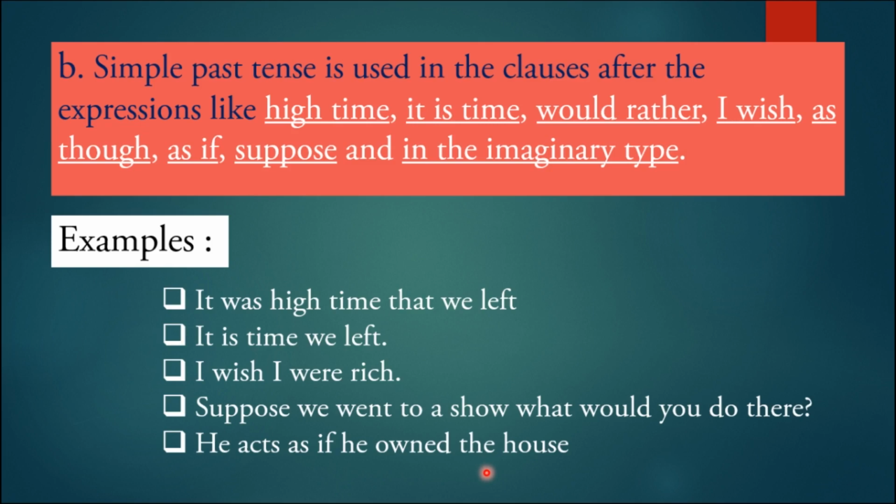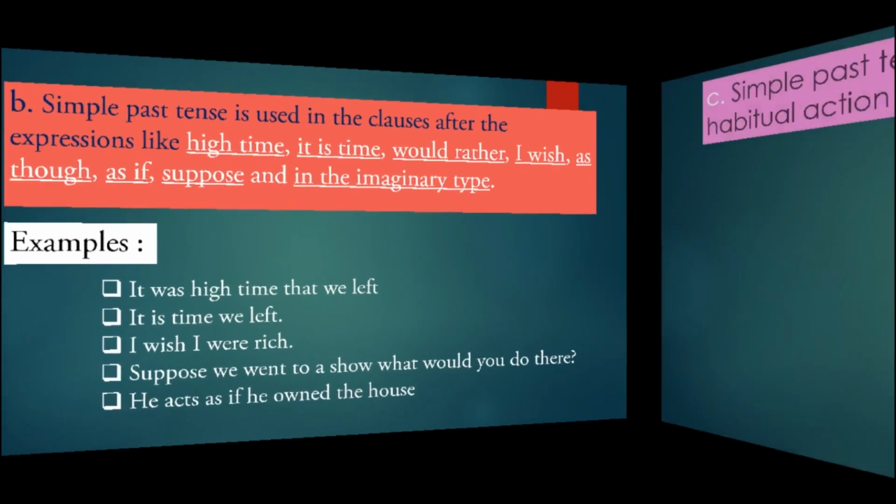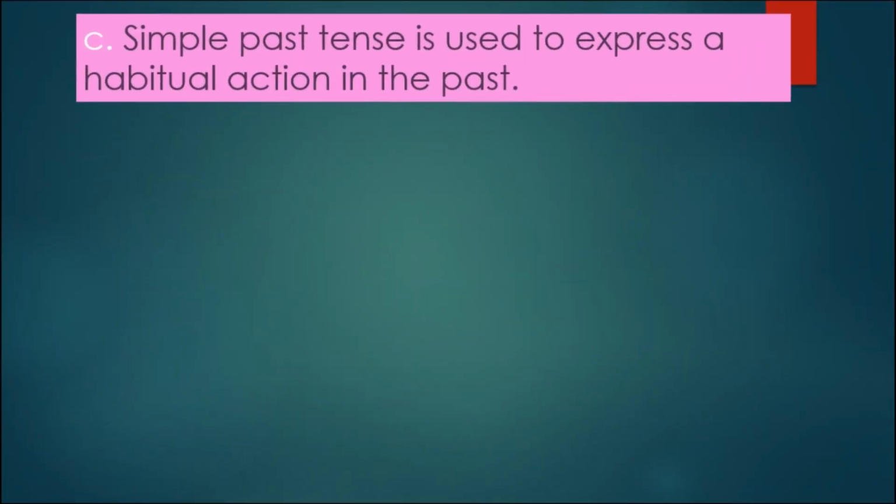Okay, let me give one more usage. Look here. The third usage of simple past tense: it is used to express a habitual action in the past. Children, you all know habitual actions. Usually habitual actions are expressed in simple present tense only.